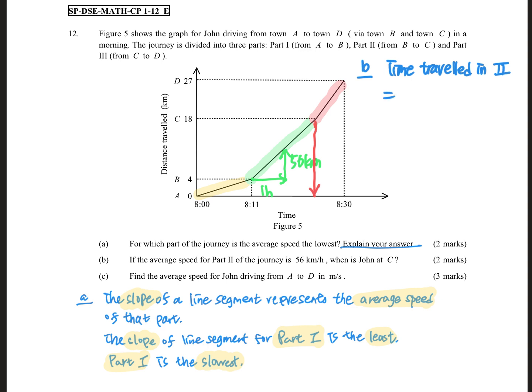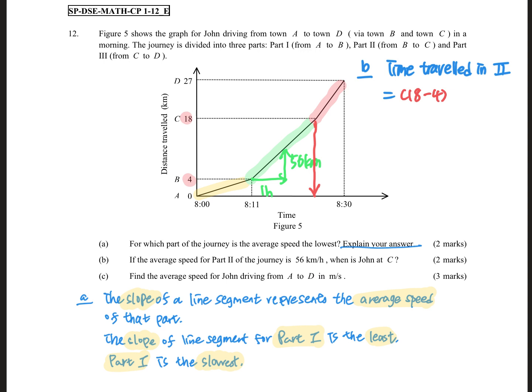So here we can see that from B to C, the distance traveled will be, you can see, 4 and 18. So that's why 18 minus 4 will be the distance traveled in this part of the journey, or in part 2.